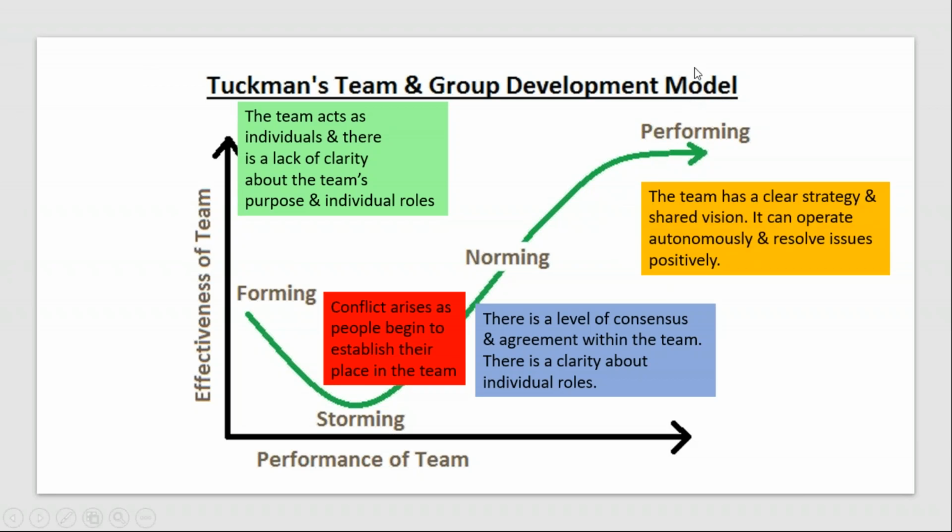Now, the performing stage, as you can probably work out when I say performing, is where the team has a very clear strategy and a shared vision, and it can operate autonomously and resolve issues positively. In other words, your role as team leader becomes a different sort of role, where you become the facilitator and the orchestrator and the conductor.